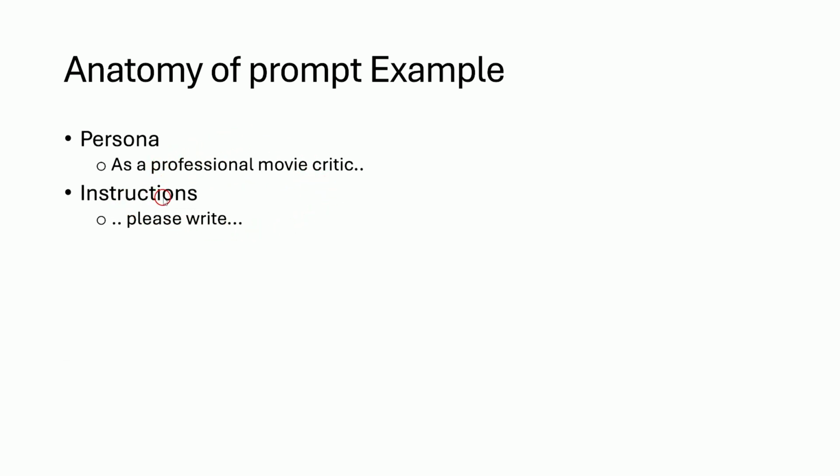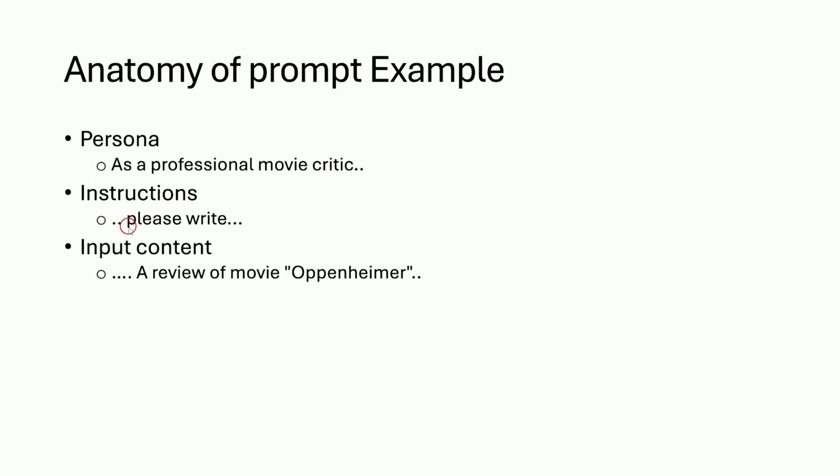Now we'll see an example for this anatomy of a prompt. First thing is persona. For example, as a professional movie critic, I have added a persona to my ChatGPT or AI model. That is, you have to act as a professional movie critic, and the instruction is please write, and the input is a review of the movie Oppenheimer.